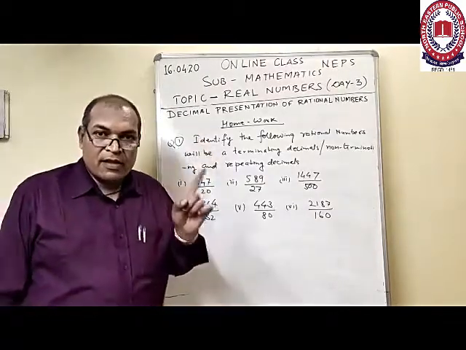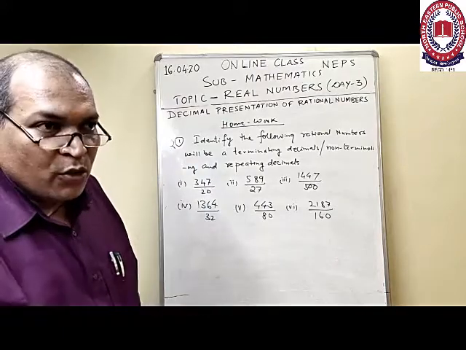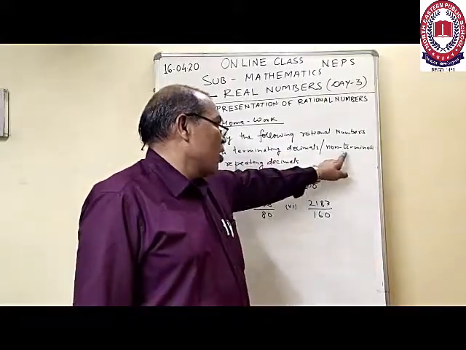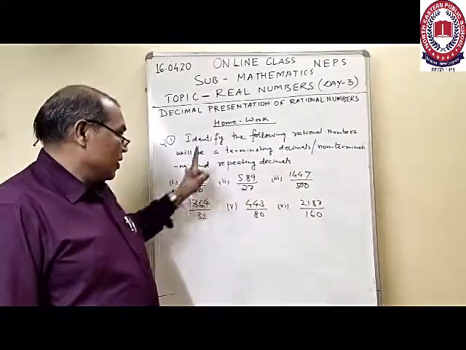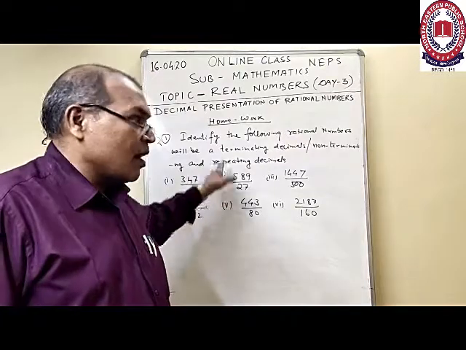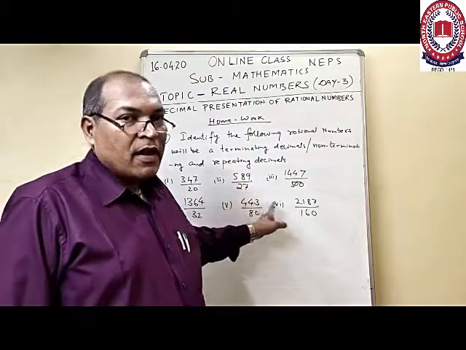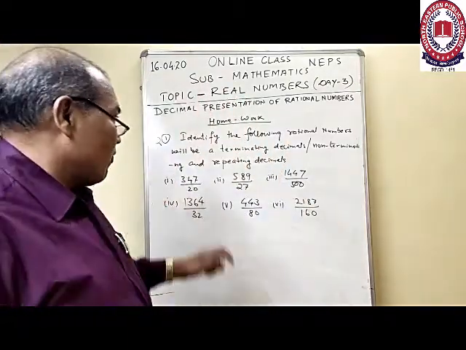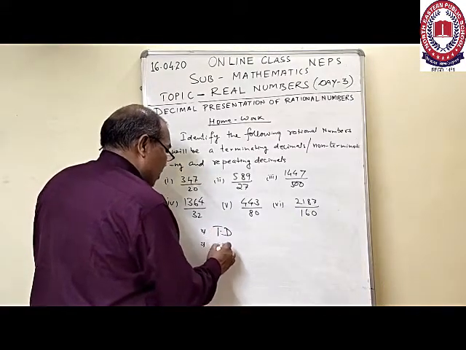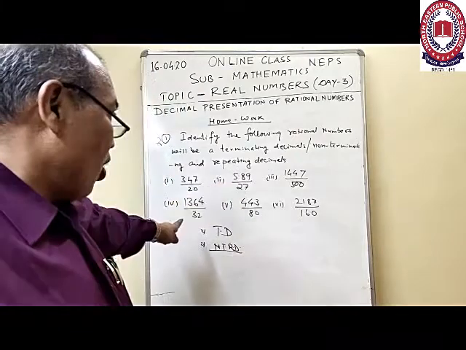Dear students, as I discussed in this topic, to identify whether the given rational number p by q will be a terminating decimal or a non-terminating repeating decimal, with the help of the following examples, you have to work at home on whether these numbers are terminating decimals or non-terminating decimals, and I want the reply in short form: TD for terminating decimal and second, non-terminating repeating decimal. Reply in your WhatsApp group, in short form, number wise.